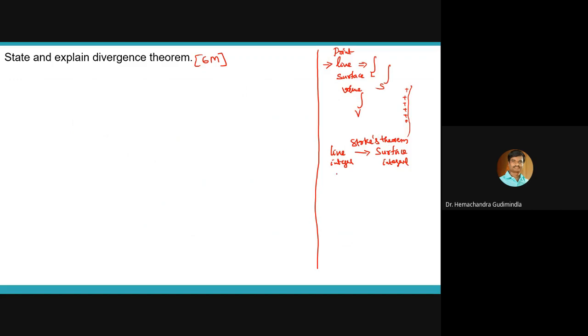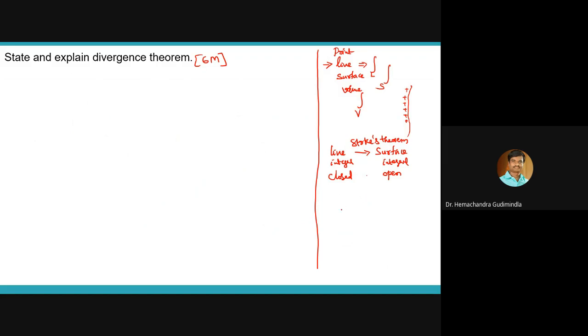Here, one more thing we need to be very careful about: we relate the closed line integral to the open surface integral. This is very, very important. We can understand this from Stokes theorem.